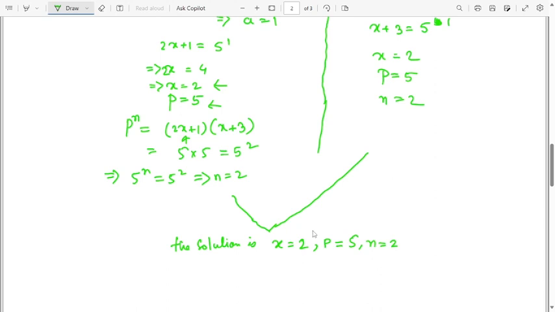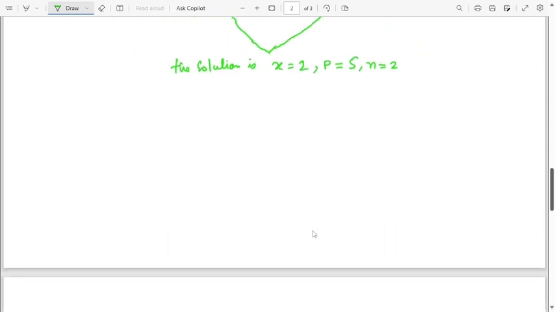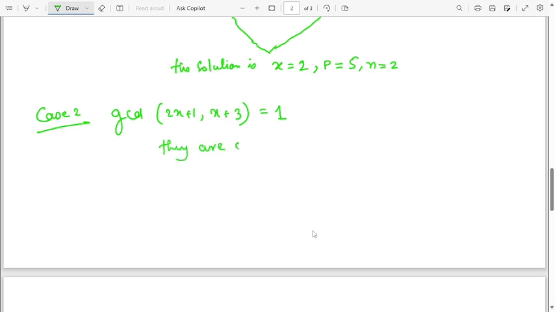Okay. So now we are going to case 2. What is our case 2? When GCD of 2x plus 1 comma x plus 3 is equal to 1. So that means they are co-prime. What does that mean?